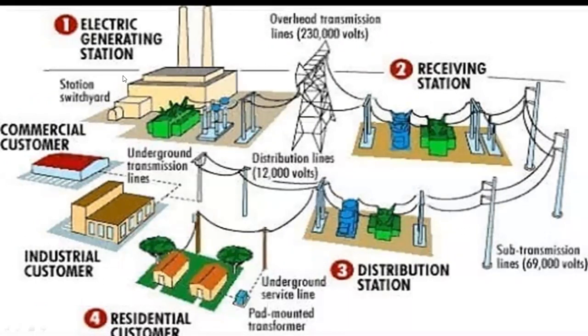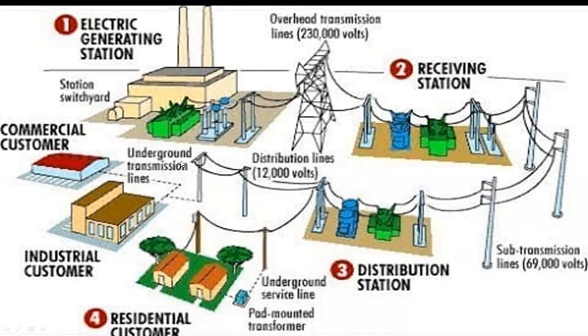And here, if you see, we have the electrical generating station. Then from generation, it is coming to overhead transmission lines up to 230 kilovolts. Then we have the receiving station. From this, we are getting to the distribution station where it is reduced to 12 kilovolts.